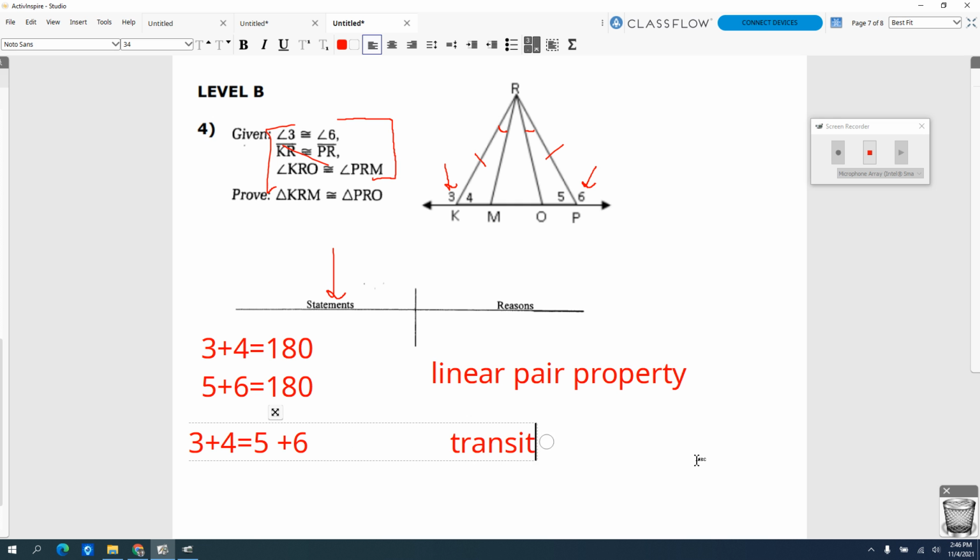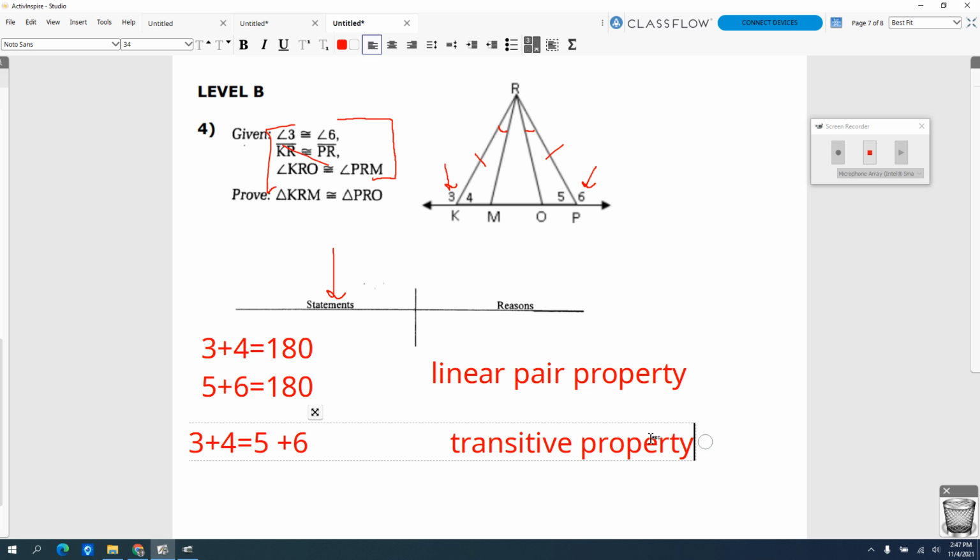You could have also said substitution, but it's either transitive or substitution property. It depends on the order. If A equals B and B equals C, then A equals C. That's the transitive property we learned in class. Now that you have 3 plus 4 equals 5 plus 6, I've got to somehow get rid of 3 and 6.